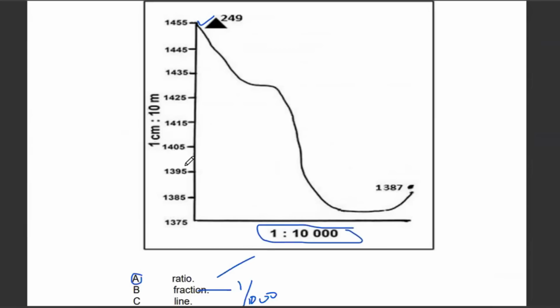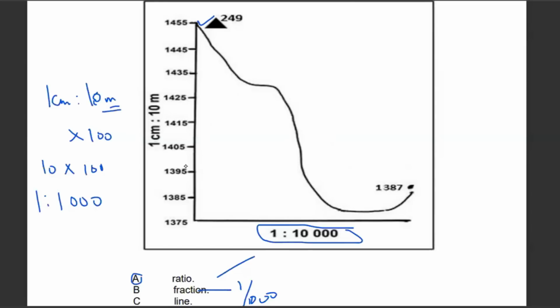If 1 centimeter represents 10 meters, we need to convert the meters to centimeters such that we have the same unit of measurement. How do we convert meters to centimeters? We multiply by the number of centimeters in a meter, which is 100. So 10 times 100 gives us 1000. So our scale is 1:1000.